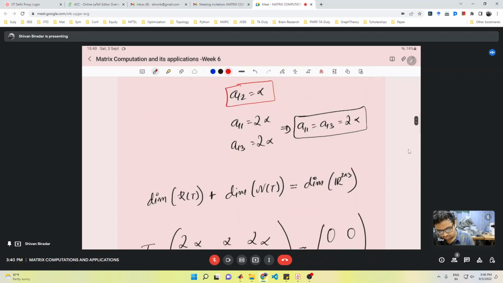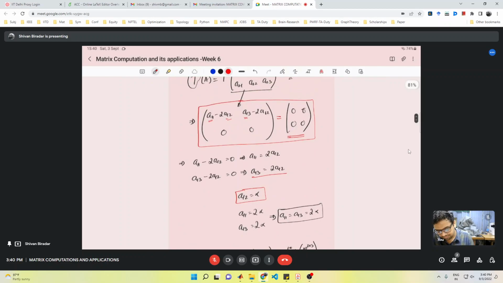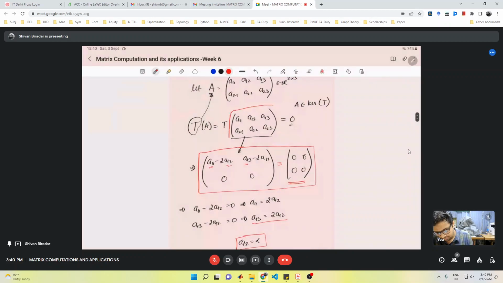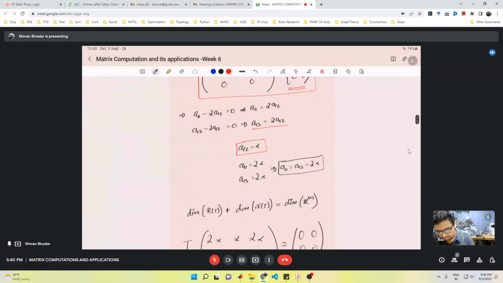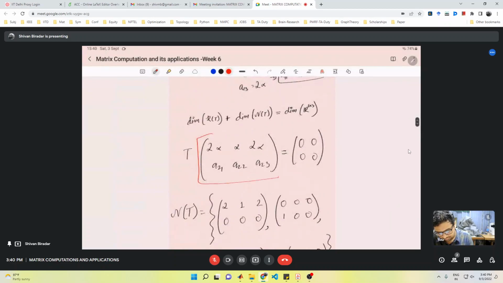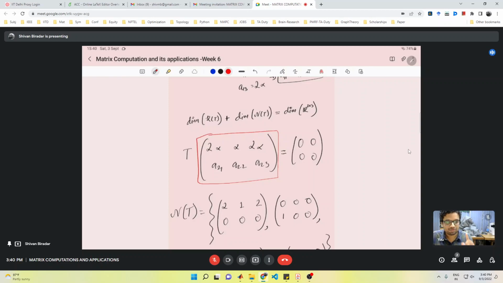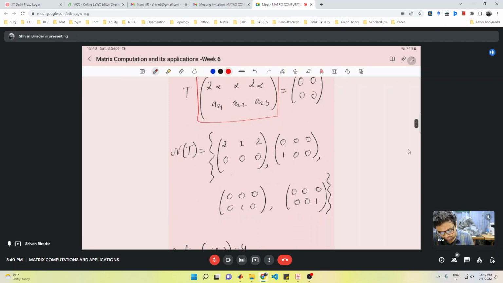Now this matrix would look like this. The null space of the transformation T would be the set of all these matrices.